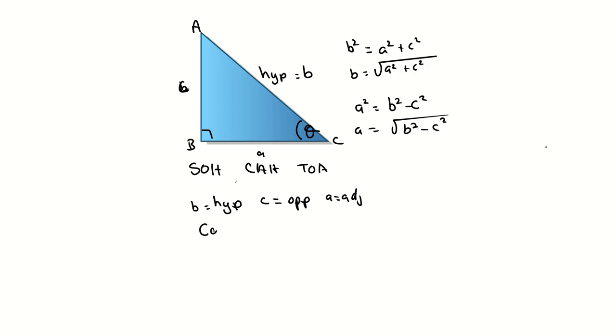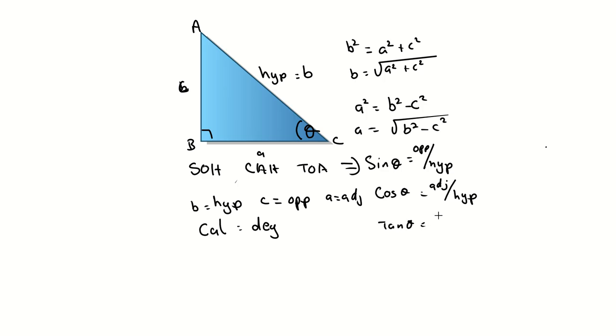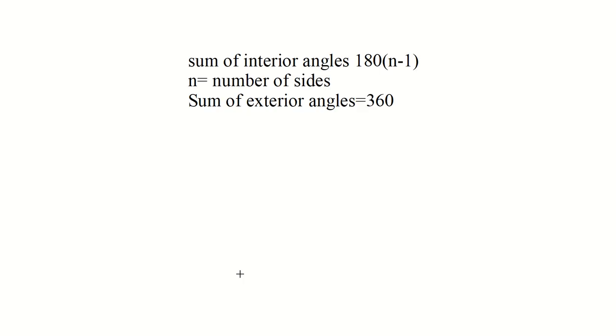So this acronym tells you sine theta is OH, which is opposite over hypotenuse. Then cos theta is adjacent over hypotenuse. Then tan theta is equal to opposite over adjacent. And that is how you remember SOHCAHTOA.